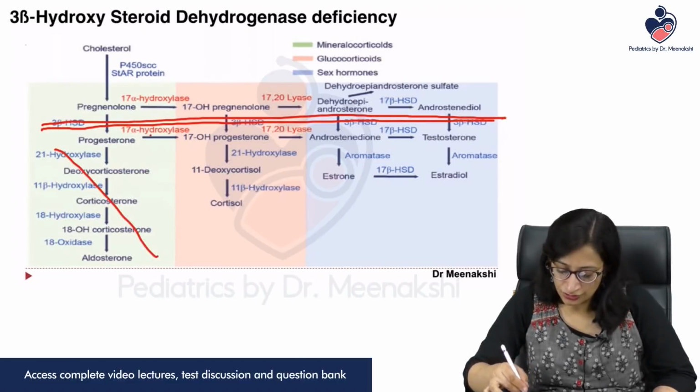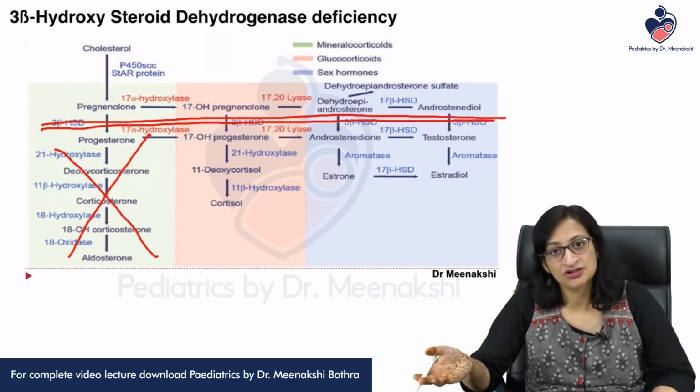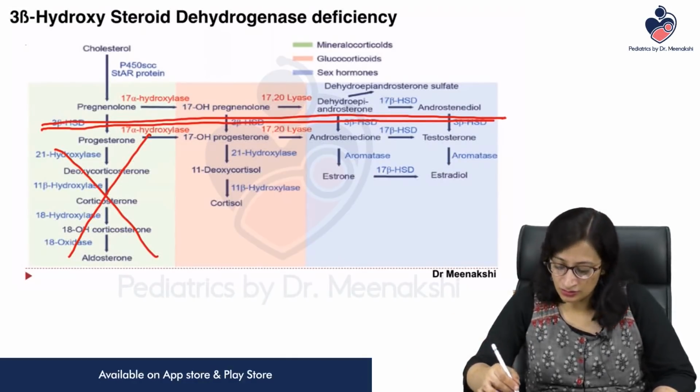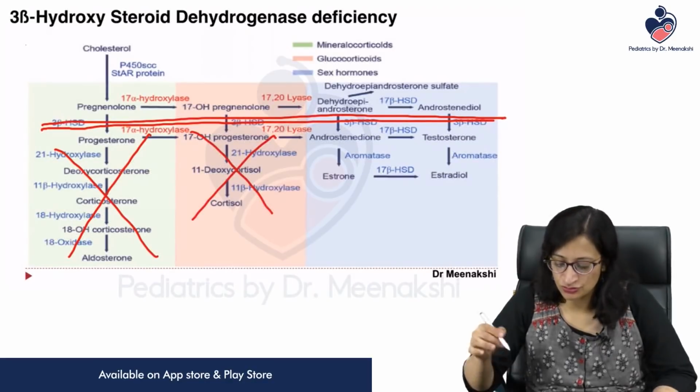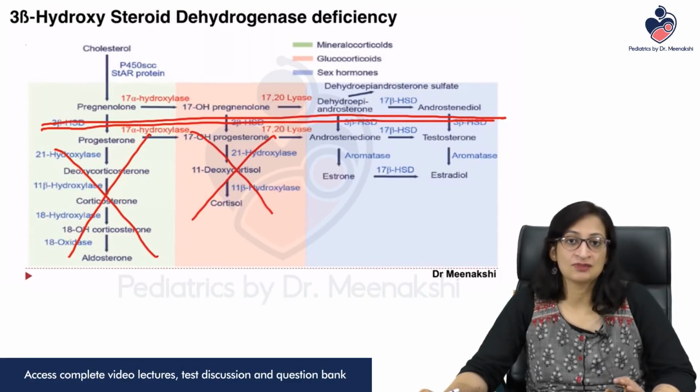No mineralocorticoids getting produced, so there will be salt wasting, dehydration, hyperkalemia. No glucocorticoids getting produced, so there will be features of cardiovascular collapse, hypotension, shock, hypoglycemia.